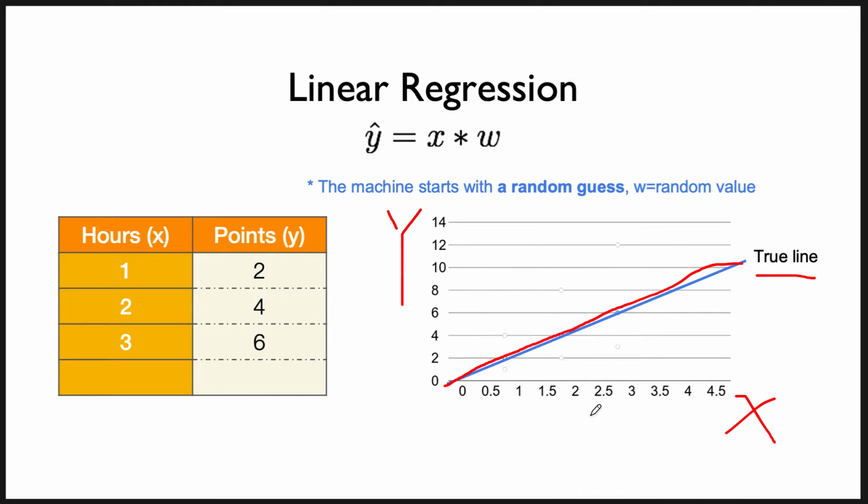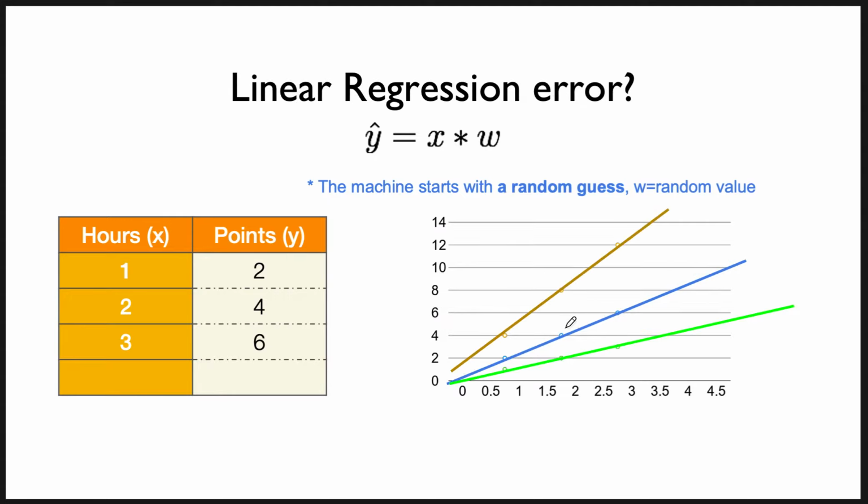But unfortunately, our machine does not have any insight from that data. So usually we start with a random value w, and then from this random value we want to fit the line to the real data. This is the process of learning.